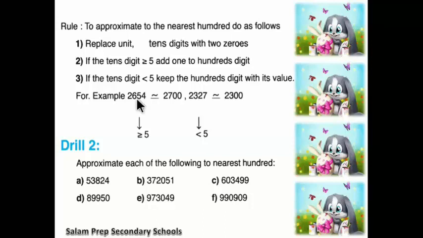In tens place, 5, add 1 to 6 in hundreds place. So 6 plus 1 equal 7. Now the digit after hundreds, we will write it the same. Write 2 the same.